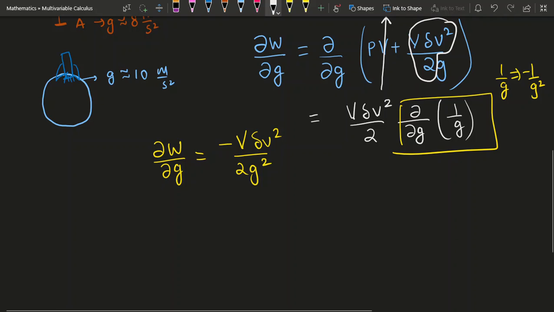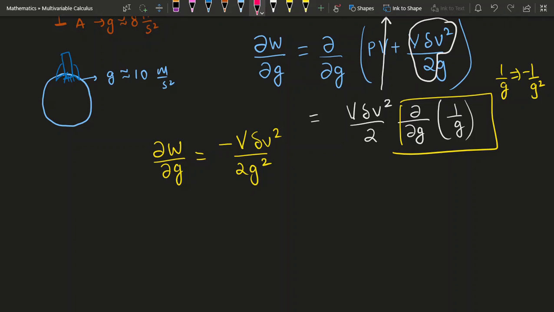First, as you increase g differentially, in a really tiny nudge, the work that your heart has to do decreases according to the following expression. Since there is a negative sign, and all other terms in this expression are positive (volume is positive, density is always positive, v squared is always positive, 2 is positive, g squared is also positive), that means increasing g differentially decreases the work that your heart has to do differentially as well, according to the expression, by the way.